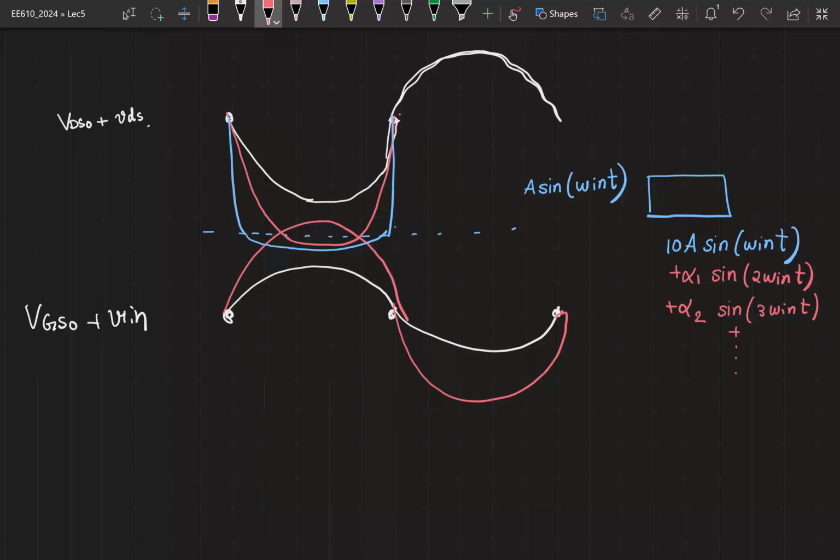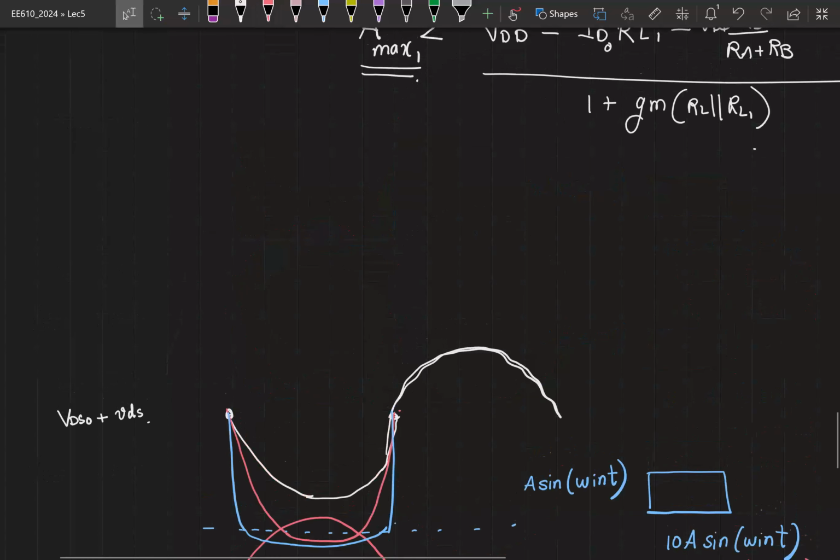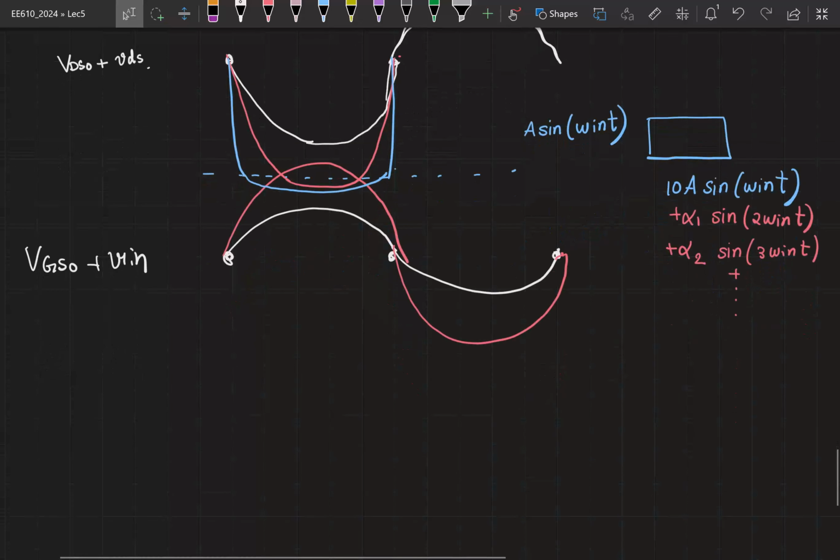So that means during the positive cycles of the input, there is a maximum value of input beyond which your transistor is going to enter into triode region, resulting in distortion at the output. Okay. So now let's do the same analysis for the negative cycle of the input. What do you think will happen?